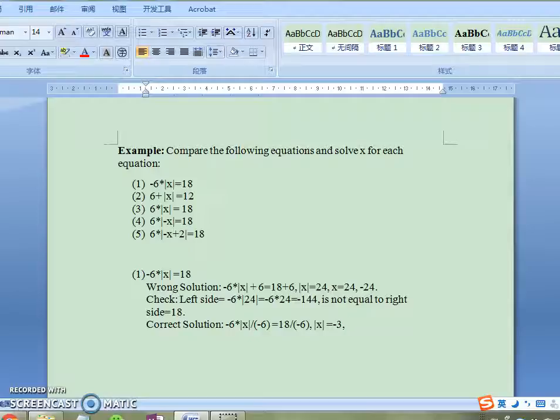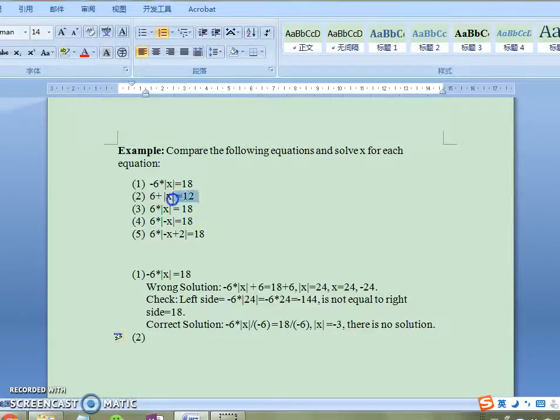Question here for you: is there any number whose absolute value equals -3? No. There is no solution to this question because we don't have a value whose absolute value equals a negative number, okay? So now let's look at the second one.